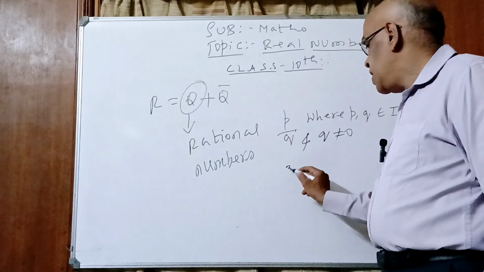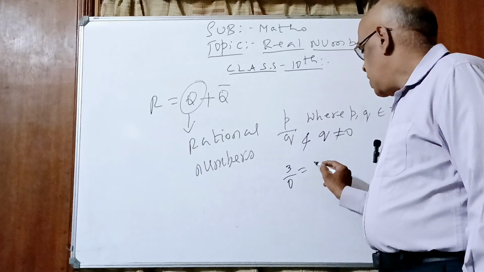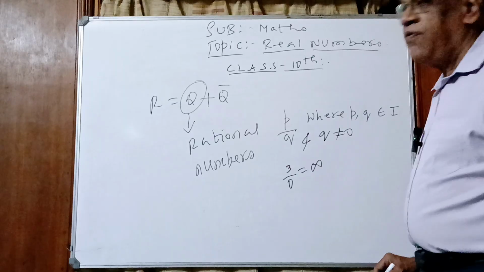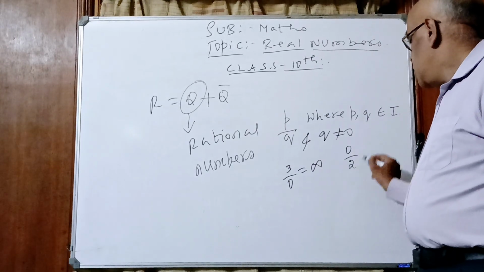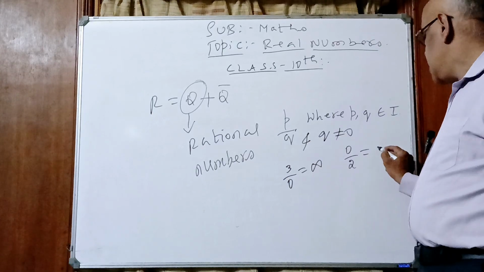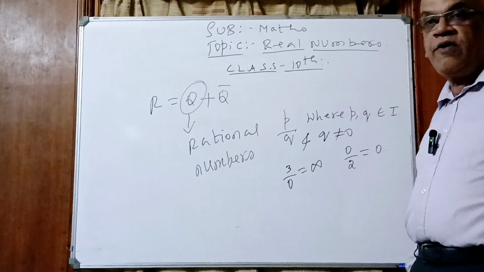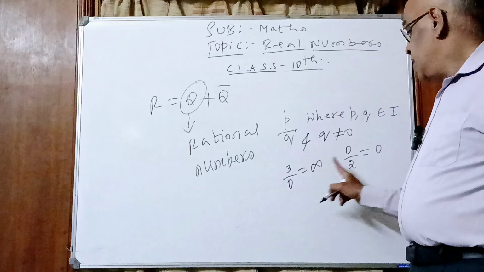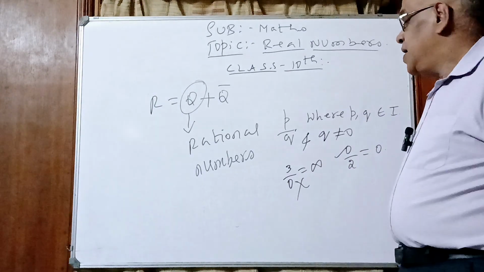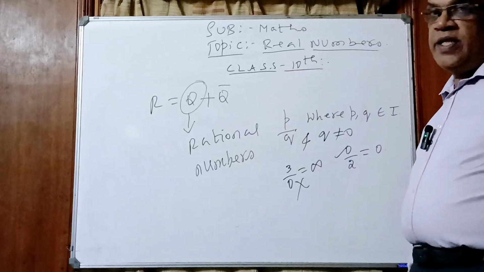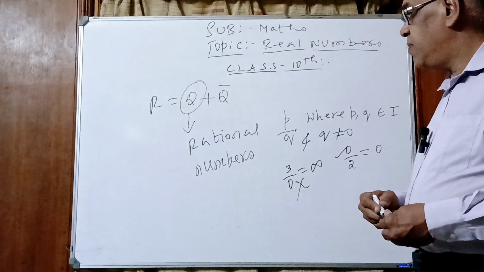For example, children, 3 by 0, what answer? Infinity, not defined in mathematics. Take example 0 by 2. 0 can be the numerator. What is the answer? 0. 0 belongs to the set of whole numbers. But 0 can be the numerator, but 0 cannot be the denominator. Then it becomes infinity. These are the basic things you should know in mathematics, children.